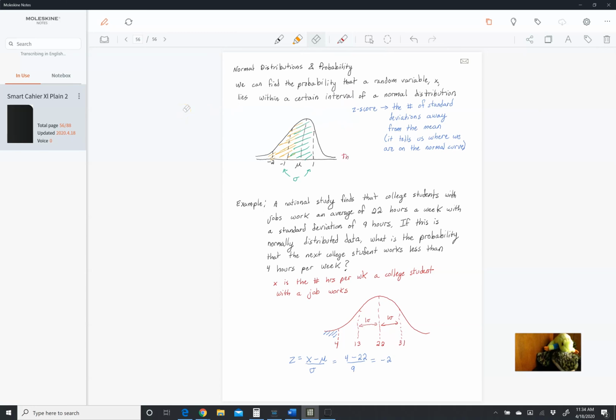So the number in the z-score table tells us the area under the curve to the left of the z-score.